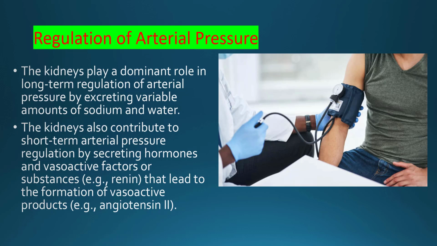Kidney also contributes to short-term arterial pressure regulation by secreting hormones and vasoconstrictive factors or substances, for example renin, that lead to the formation of vasoactive products like angiotensin II. So in hypotension, the kidney releases renin, which causes vasoconstriction and increases the blood pressure. So this is a regulation of blood pressure.